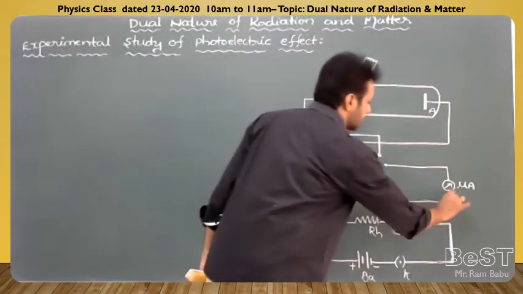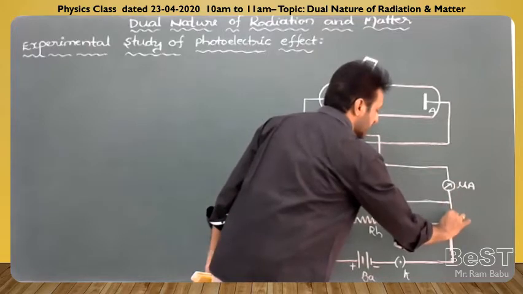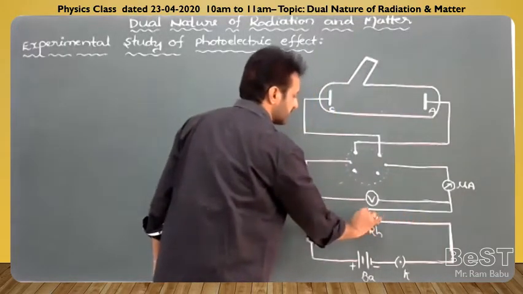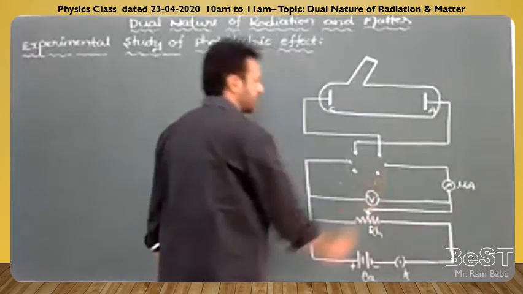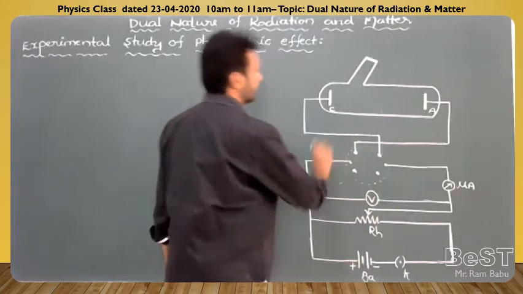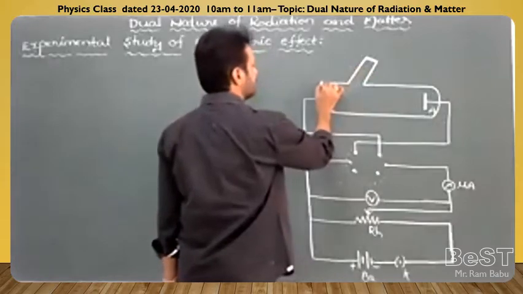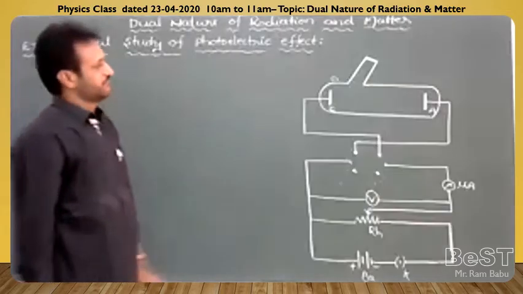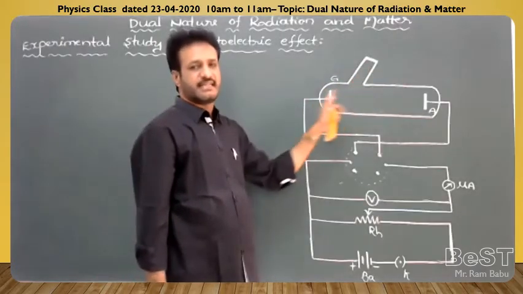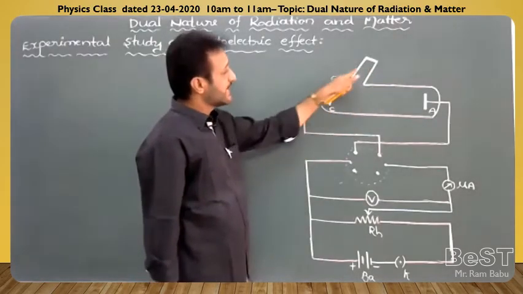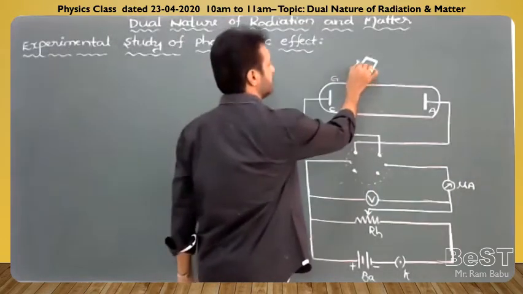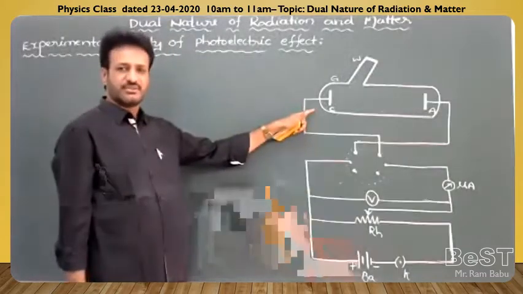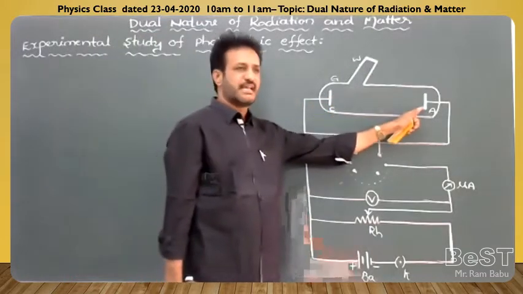And here this microammeter terminal I am connecting to the rheostat's upper terminal. G indicates the evacuated glass tube, and there is a side window, W. C indicates the cathode and A represents the anode.